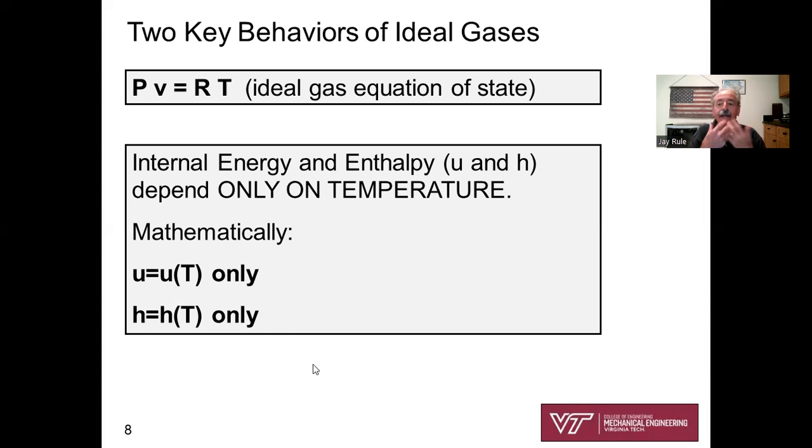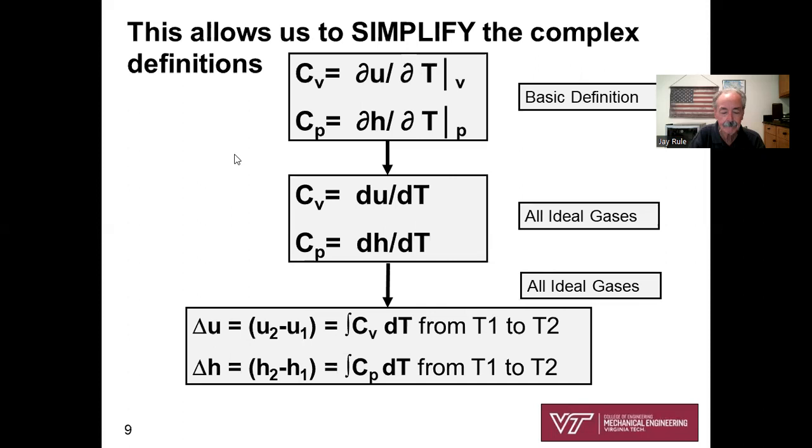And that's really a good result. So I'm going to move ahead to explain to you functionally what you can do with this. Very valuable. It allows us to simplify the basic definition. Let's go through our math understanding. We started with a partial derivative. Now, for an ideal gas, internal energy and enthalpy are functions only of temperature, so you don't have to be so careful in doing the math.